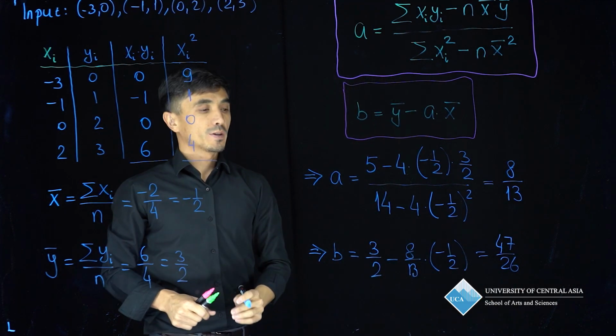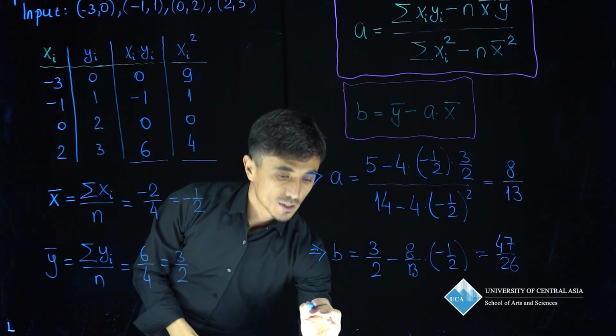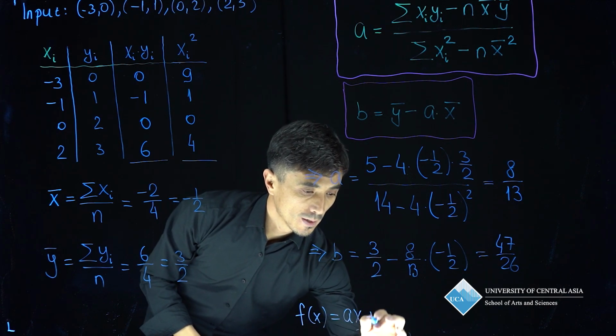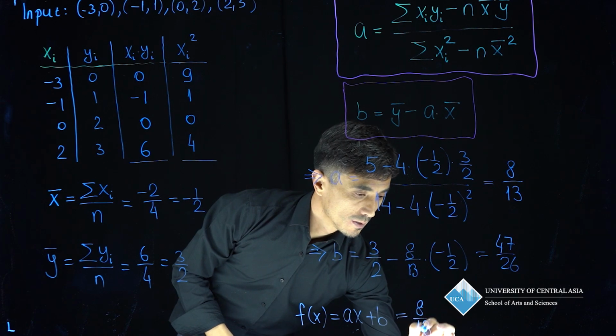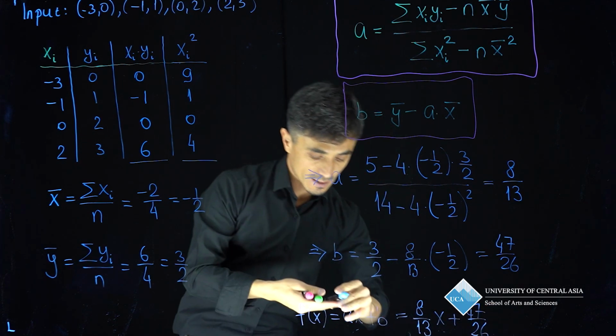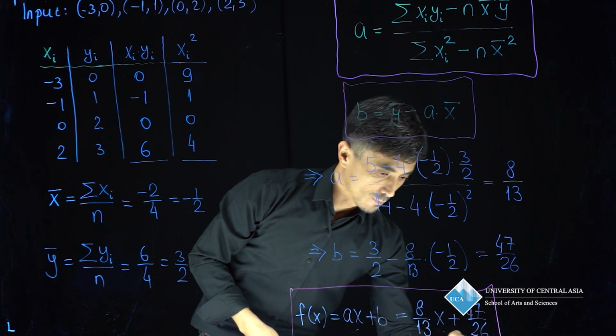So the function that fits these four points is going to be f of x, remember, it's ax plus b. So it is 8 over 13 x plus 47 over 26. This line is the best line for fitting these four values.